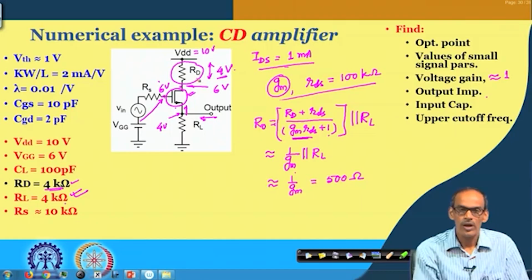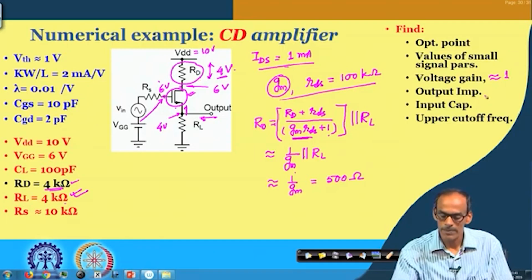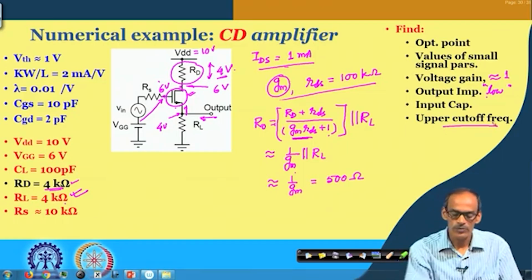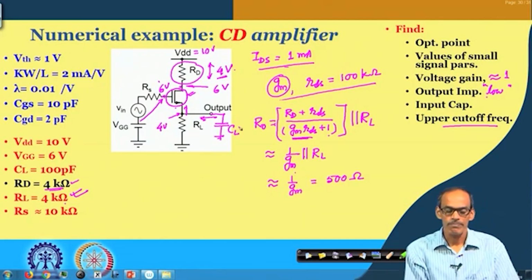So, even though we do have RD, if you see the output impedance, it remains low, quote unquote low, and it is expected that the upper cutoff frequency defined by the output resistance and the CL is almost remaining the same.